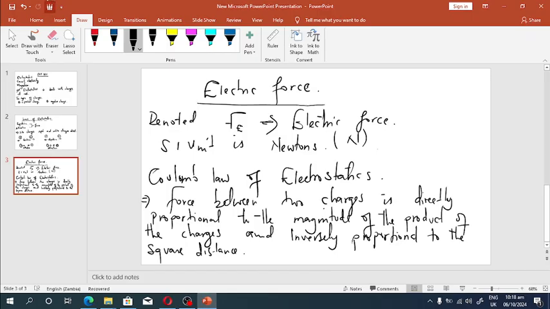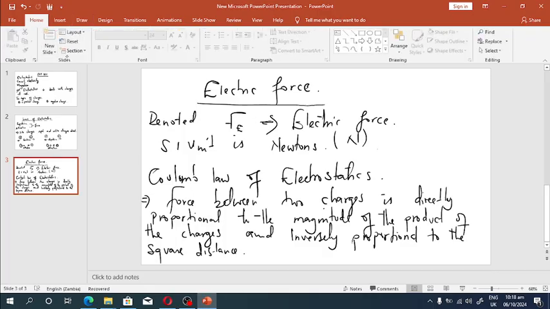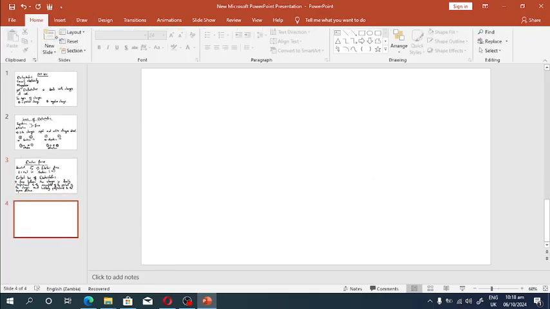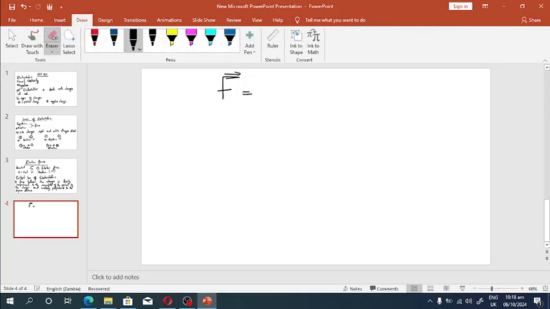So we are then saying that this force, which is a vector, is directly proportional to the magnitude of the product of the two charges, and the same force is inversely proportional to the square distance.